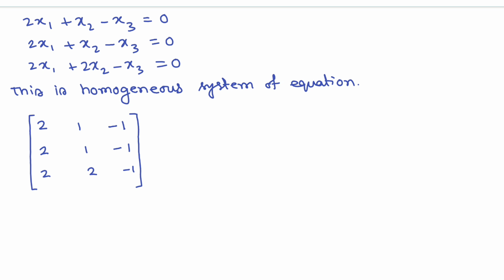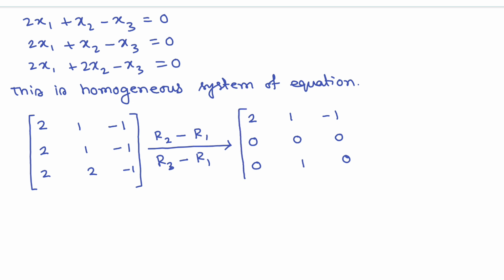So now convert this matrix into row echelon form. You know how to solve. First operation, R2 minus R1 and R3 minus R1. So this equals 2 1 minus 1, 0 0 0, 0 0 0. Is this matrix in row echelon form? No. Why? Because here in the second row we have a 0 row, but the condition is the 0 row must be at the bottom.